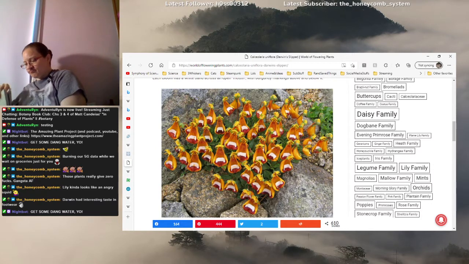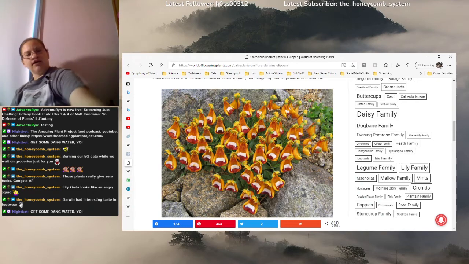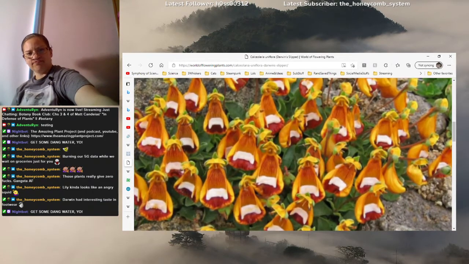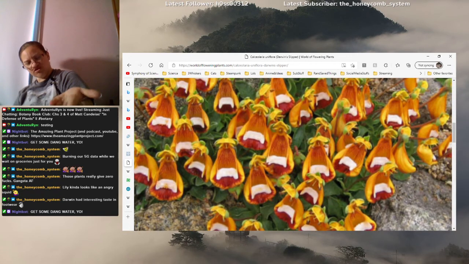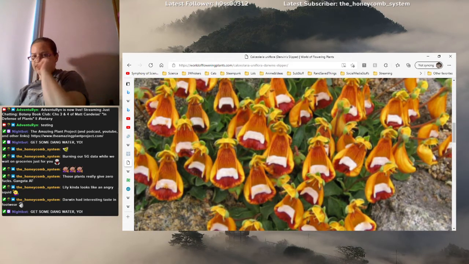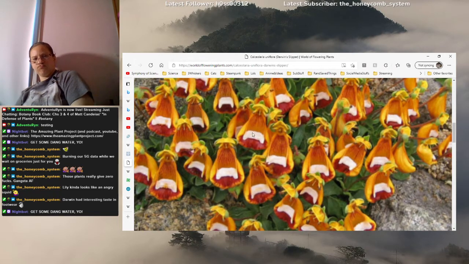So, how do they go about getting pollinated? Well, if you'll observe the flowers, they all have this white something in the middle there.